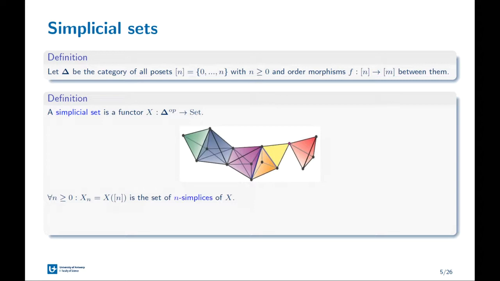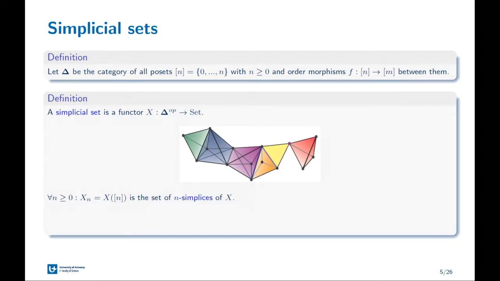I'll talk a little bit about how this abstract definition gives rise to this geometric intuition. First of all, for every integer n bigger than 0, I have this object [n] in delta, and this is sent to a set in the category of sets by this functor X. So for any n, I have this set X_n, and I call this the set of n-simplices of X. You should think about elements of this set as being n-dimensional simplices which appear in my simplicial set.